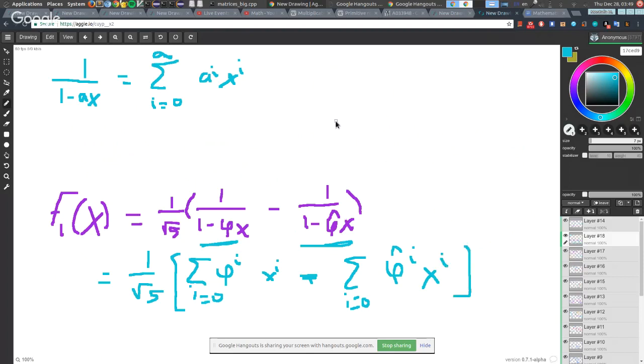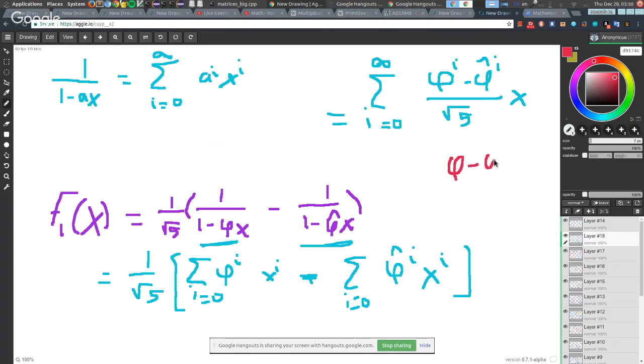And we can combine the summations to end up having this summation, which is exactly the same formula that I explained in the matrix.